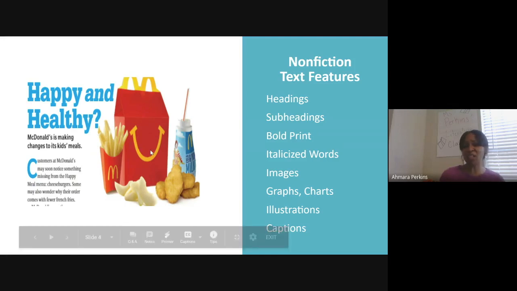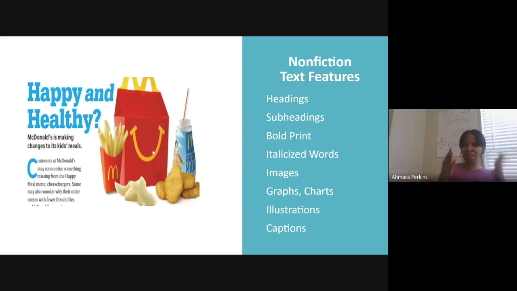When I think of text features, I think of how we have features on our face that stand out. Our nose, our mouth, our ears, our eyes, those are all things that stand out. There are features that stand out in text, too, not the eyes and nose and mouth like you would see on our face, but the headings and the subheadings and the bold print and italicized words, those words that are written with a slant.